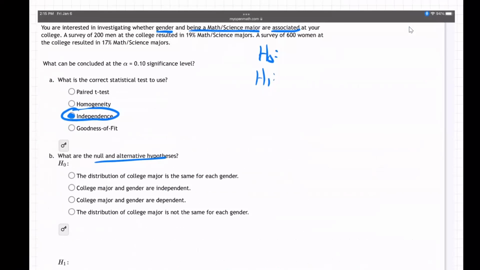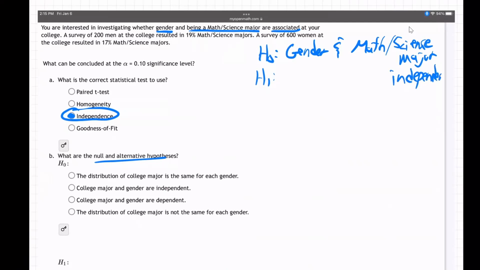So H0, and what are the two things? Gender, right? Gender and being a math science major are independent.